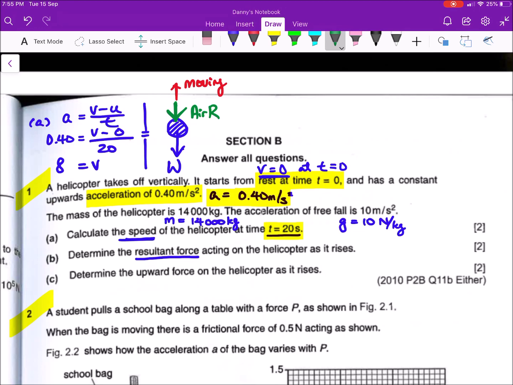Now you can find out the weight because you know the mass, and you know the g. But do you know how much is the air resistance? You do not. To find this resultant force, also known as net force, F net: if I just take W plus air resistance, I do not know my air resistance, so I cannot find it.